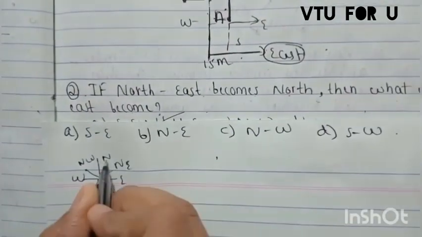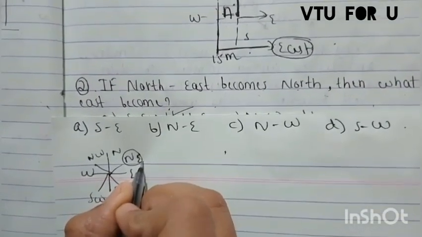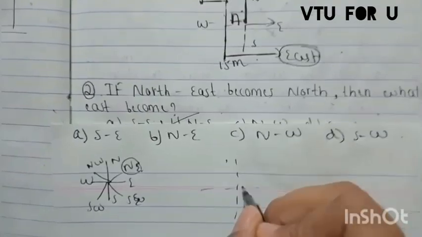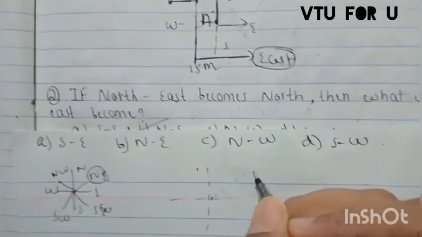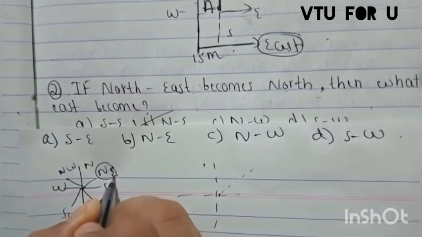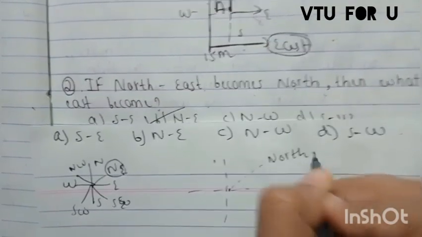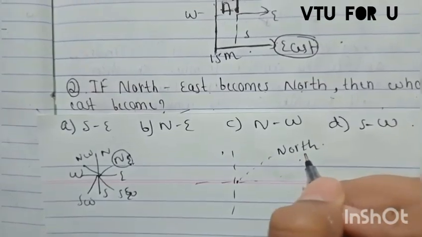Okay, we know that this is northeast, right? Consider this northeast as north. According to the rule of directions, this should be northeast only. But as per this question, if northeast becomes north, then what will east become?